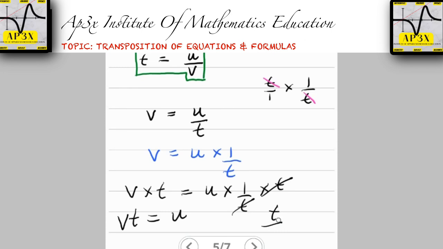So VT divided by V is equal to U divided by V. So V cancels V, therefore T is equal to U over V.